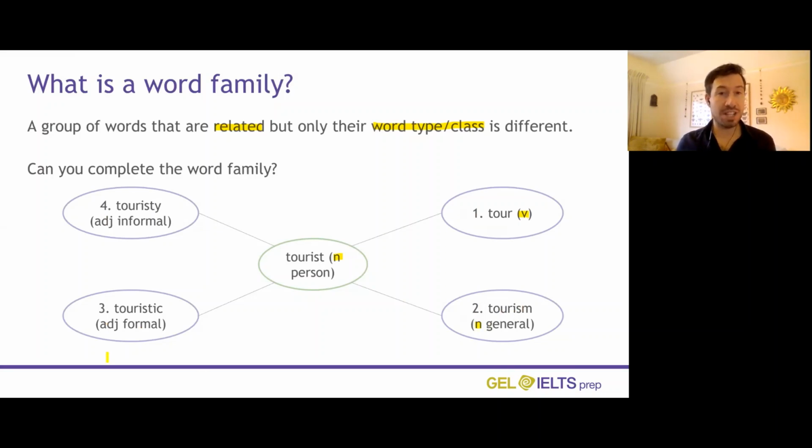There's two adjectives, one of them formal, which is touristic, and then another one which is more informal, which lots of people use when they're speaking, which is touristy. So I think touristy is a bit more common than touristic, particularly in speaking. So this is what we mean by a word family. They're not the same word, but they are related, and just their word type or word class is different.